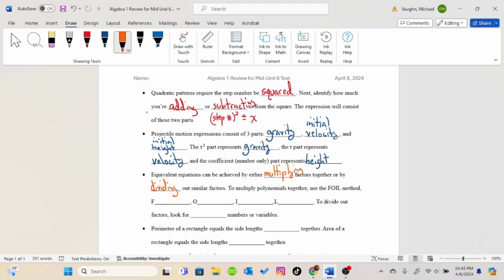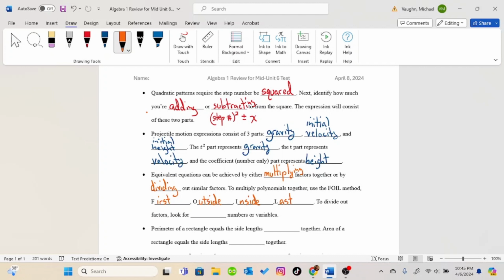To multiply polynomials together, we use the FOIL method. F stands for first terms. O stands for outside terms. I stands for inside terms. And L stands for last terms.